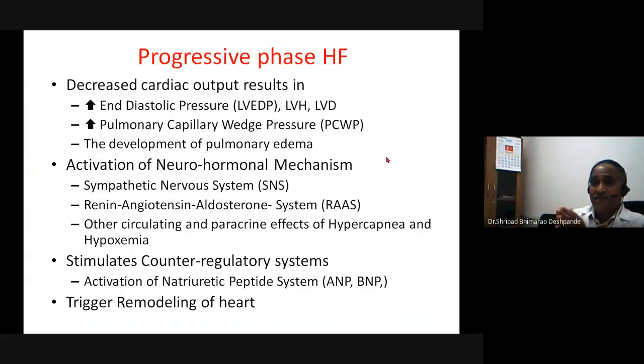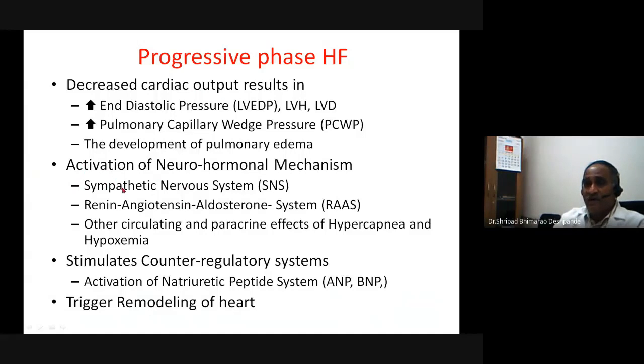It produces hypoxia and hypercapnia, and that would further decrease the activity of the cardiac action.